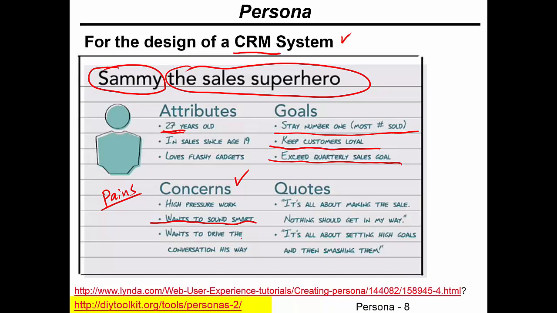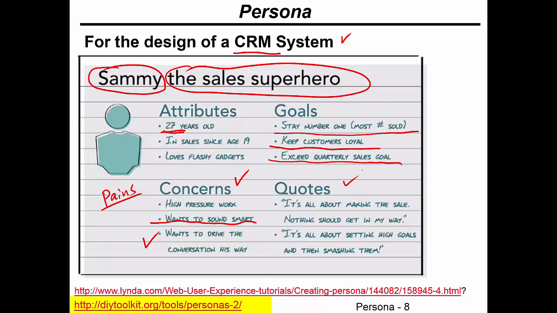Okay, and he wants to drive the conversations his way. Okay, his way means buying our products. So your CRM system may need to provide some talking points to help out. That would be a good feature to put in your CRM system. Here are some quotes.